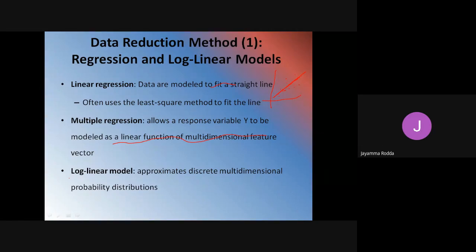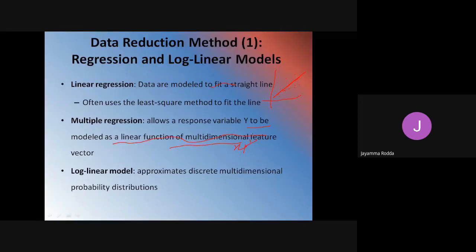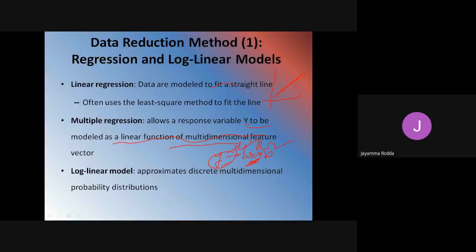Multiple linear regression is an extension of linear regression, and y is allowed multiple dimensions, that is x1, x2, x3. Two or more predictor variables are applied in order to identify y. Then we call it multiple linear regression.